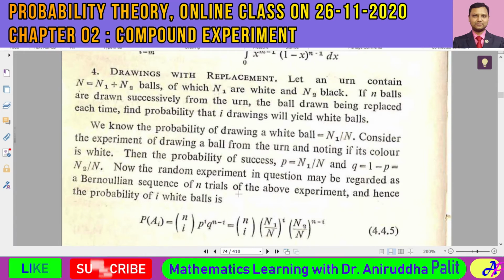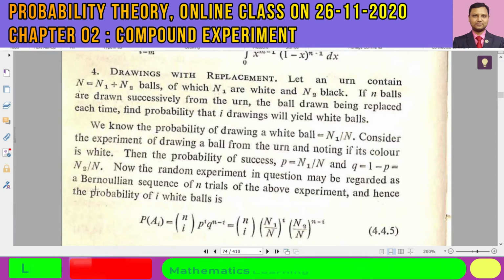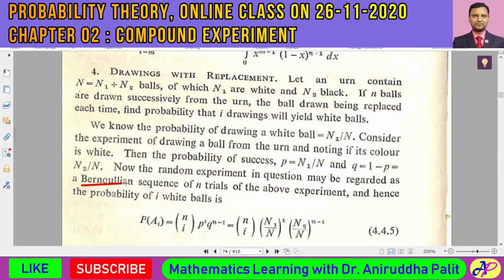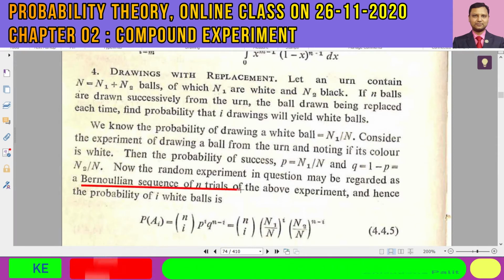Anyway, over here the probability of success P is equal to N1 by N and Q is equal to N2 by N. Both of these are constants, so we can now apply the formula in Bernoulli trials.